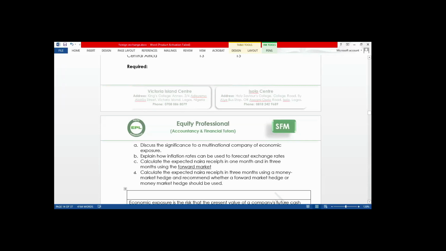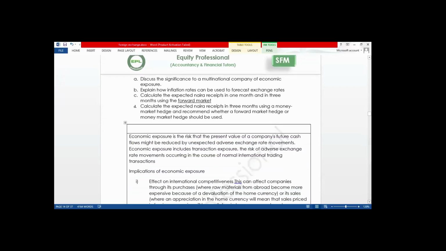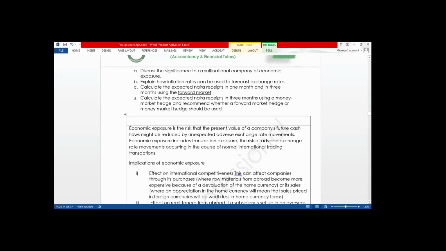The money market hedge is to be used specifically for the expected receipt in 3 months. Please, we are going to go through this together.